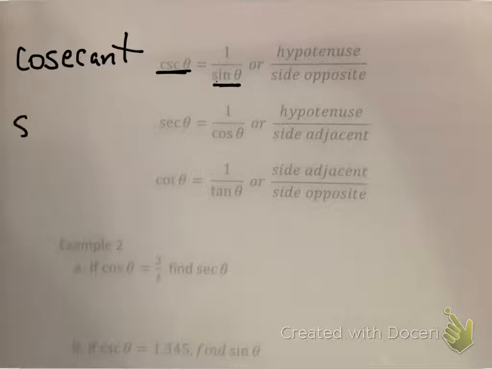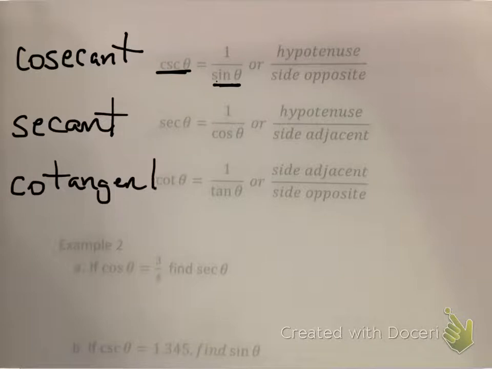Then we have secant here, which is the reciprocal of cosine. And then we have cotangent. Cotangent is going to be the adjacent over opposite.